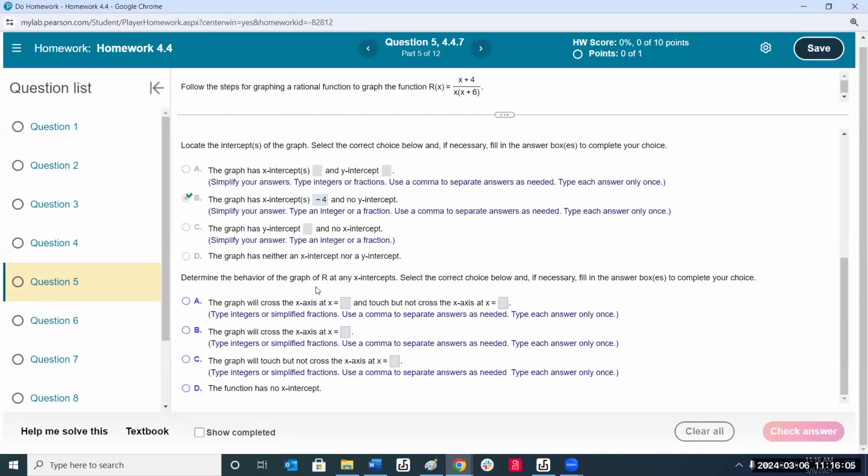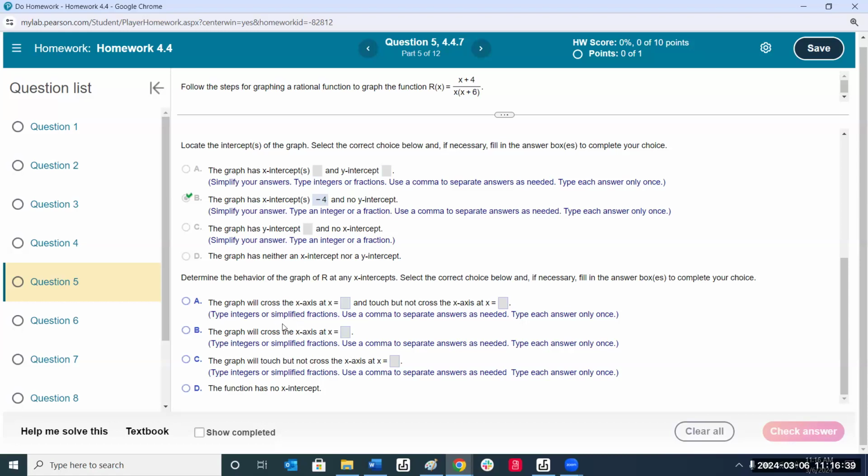Determine the behavior of the graph of r at any x-intercepts. Select the correct choice. The graph will cross the x-axis at -4 and touch but not cross the x-axis at x equals. The graph will cross the x-axis at that. The graph will touch but not cross the x-axis.